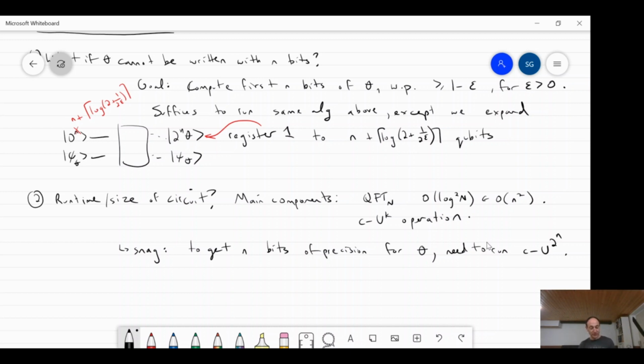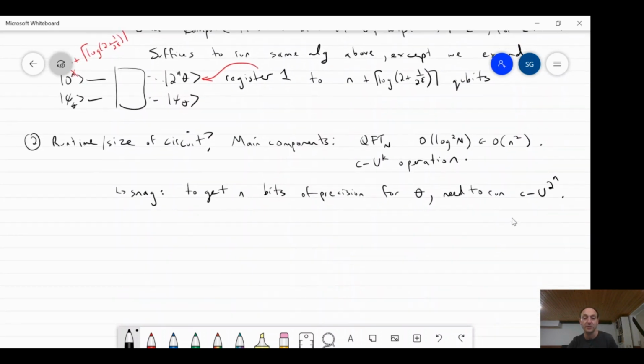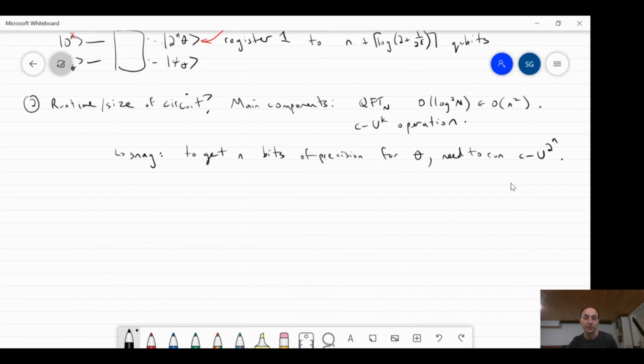There's a nice little exercise I leave here. I'm not going to do it in the lecture, but it's probably a great thing to do in the tutorial, or maybe I can put it on the homework. It's just to convince you that in general, given an arbitrary u, you cannot expect to raise it to exponential powers in some efficient manner.